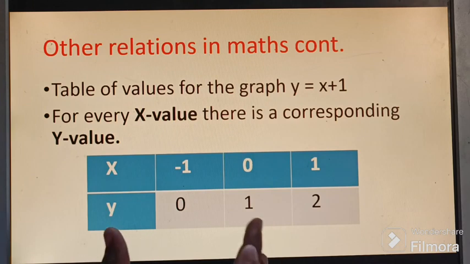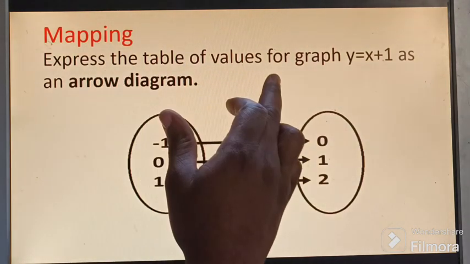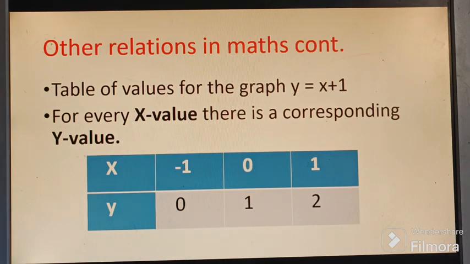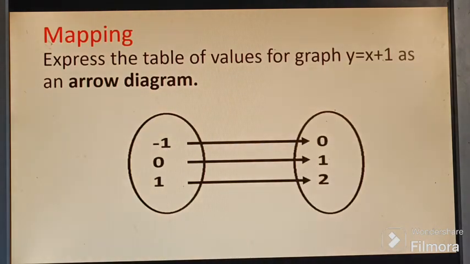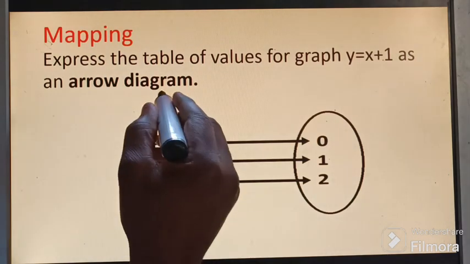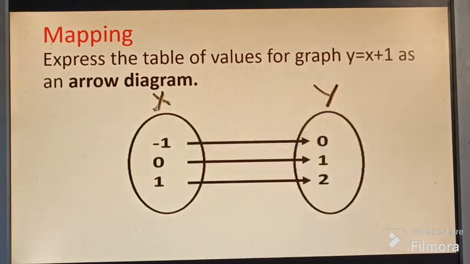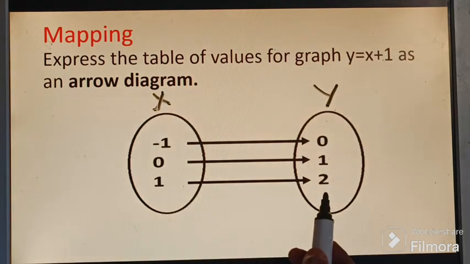If we take this table of values and express it as an arrow diagram, how is it going to look? So this is our x and this is our y. These are our x values, these are our y values.